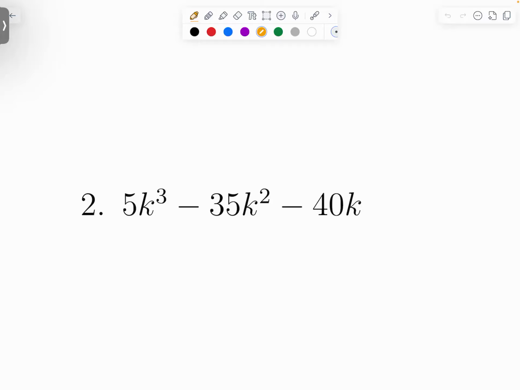So what I mean by opening your eyes is that I hope you can see that all three terms have at least one k in them. And you also see that these three numbers have a pattern. What's the pattern? They're all multiples of 5.